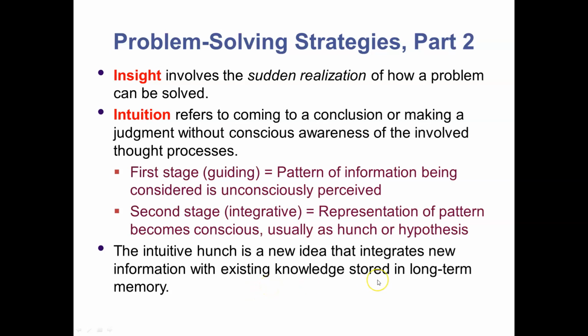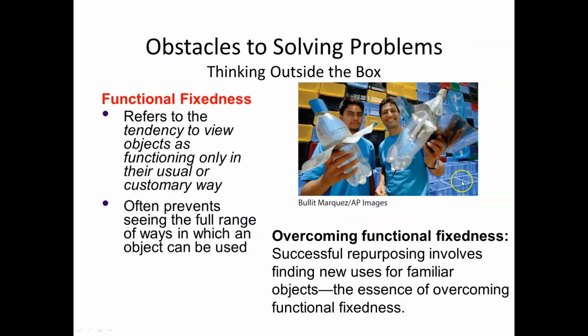All right, let's go forward here. I want to introduce you to a couple more terms, because when it comes to thinking, we have to think about it in depth, no pun intended. The first term we're going to look at here is what's called functional fixedness, and these are obstacles to solving problems.